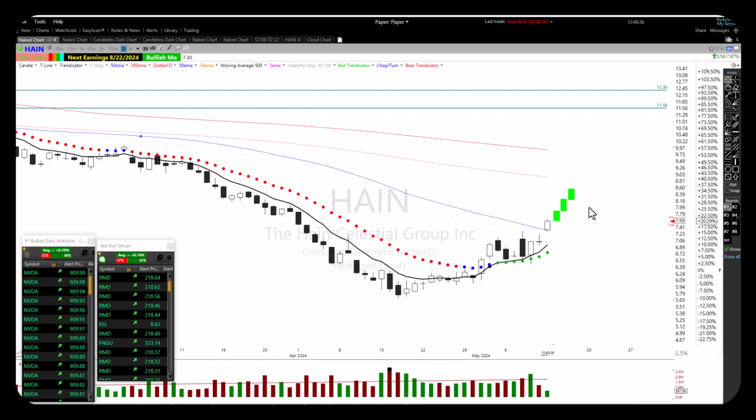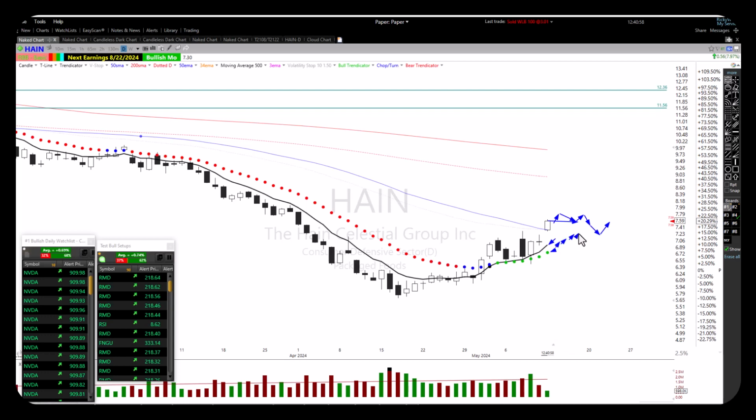All right. More than likely, what I see happening with this is maybe you get another day up and then it comes down and rests. Maybe it pulls back a little bit more. Keep in mind that all price has to do is stay up here and the T-line and trend indicator will continue to climb.